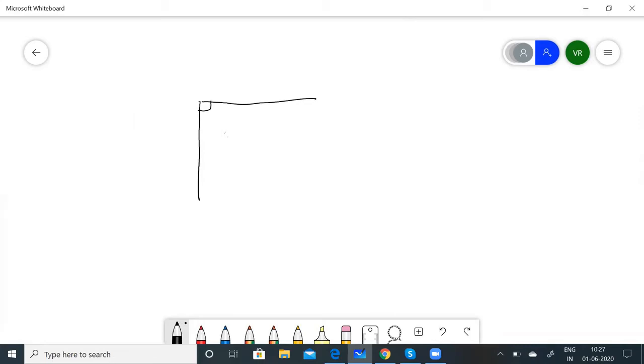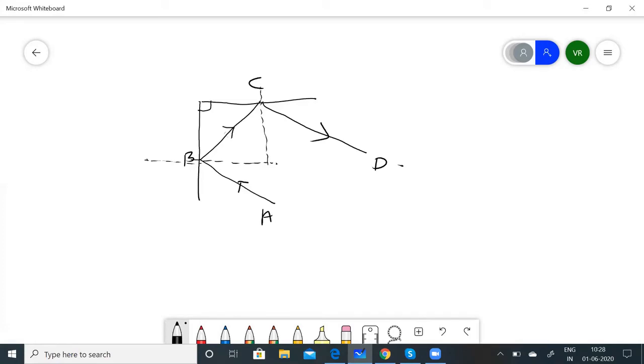So obviously, if this is the angle of incidence, AB would directly go there and then again get reflected back like this along CD. Let me draw the normals of the two mirrors. Let me mark this as N1 and this as N2. You can see that they are going to be perpendicular to each other.